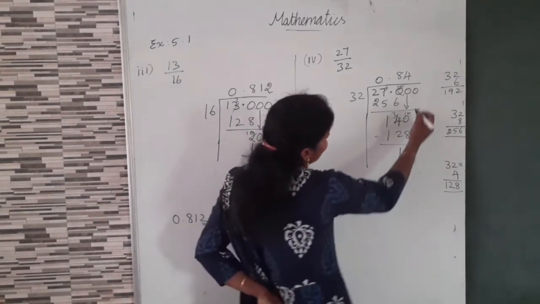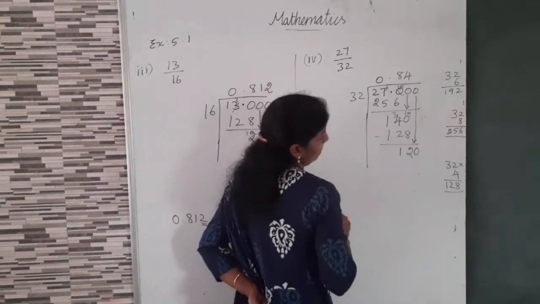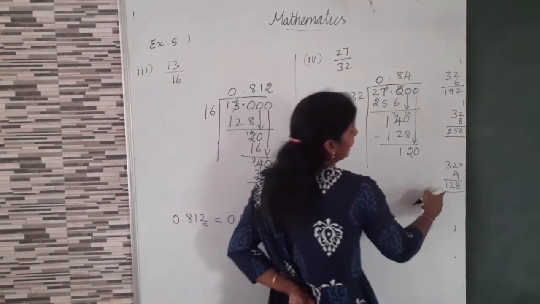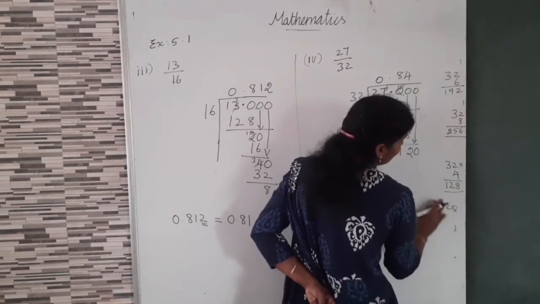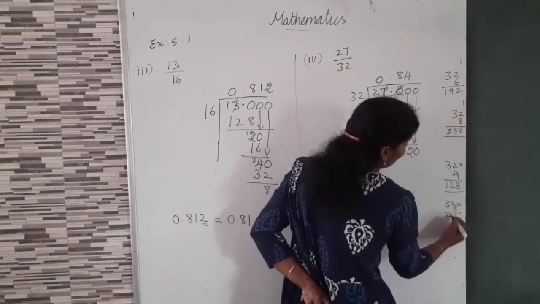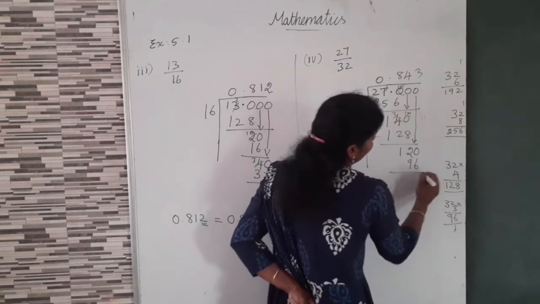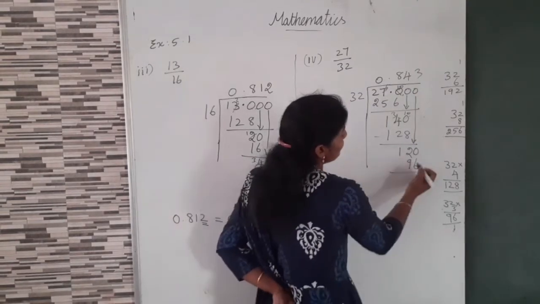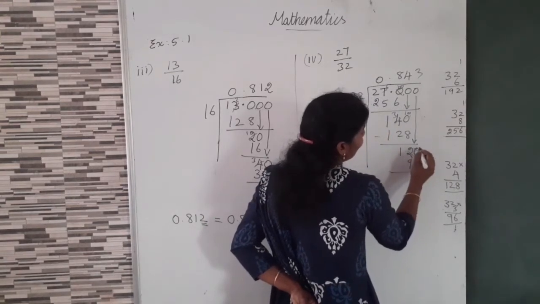Now we can take the next 0 down. Here 120, isn't it? 4 times is 128, too much. So 3 times, 32 into 3. 3 2s are 6, 3 3s are 9, 96. Now 10 minus 6 is 4. Now here 11, here 10.